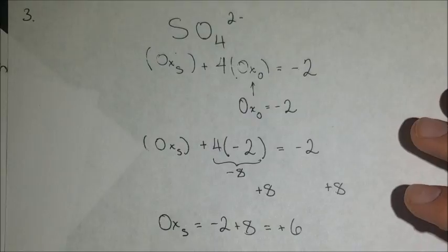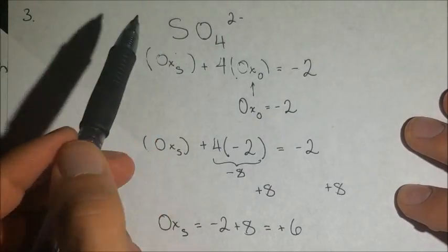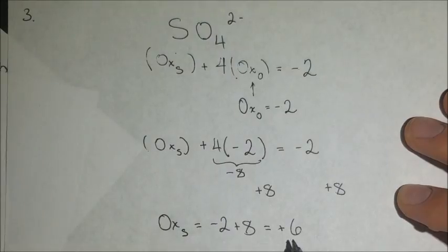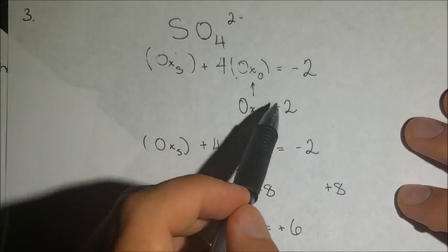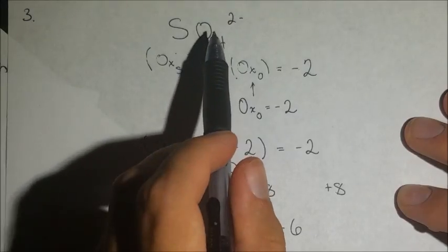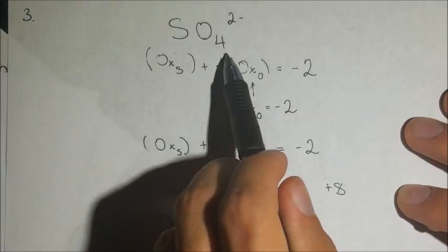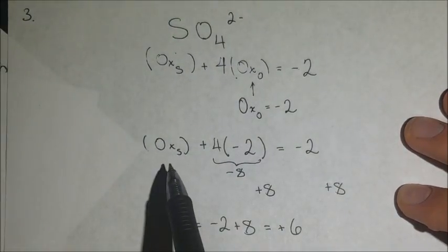Oh, there we go. So you can see the sulfur needs to have an oxidation number of +6, so that 4 oxygens, each with a -2 oxidation number, can combine and give you a molecule whose overall charge is -2. Okay, and so we see that here.